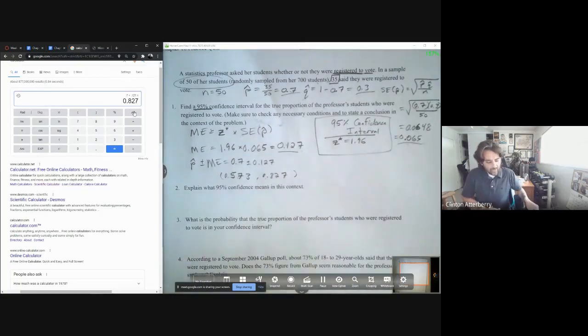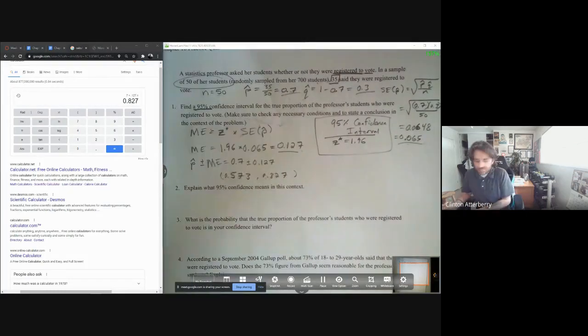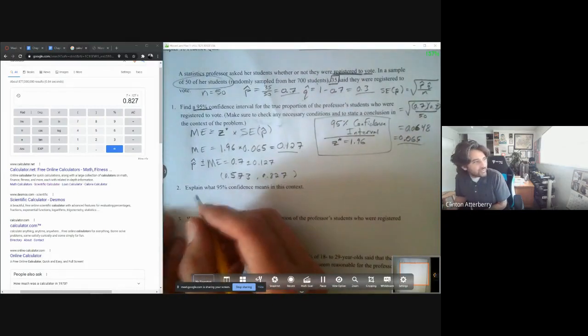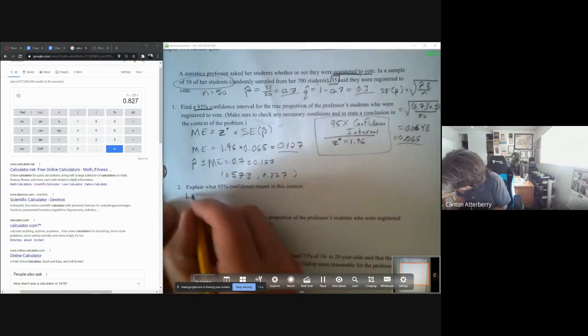Okay, so there's a few ways you can explain it. I'm going to explain it a few different ways. There's the easy way to explain it, and that's basically this. It says we're 95% confident that between this number and this number, the professor's students are registered to vote.